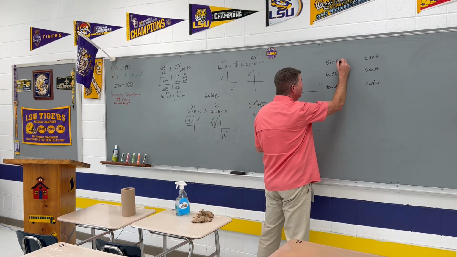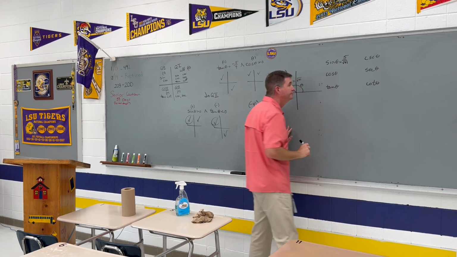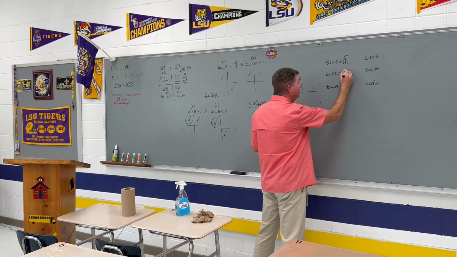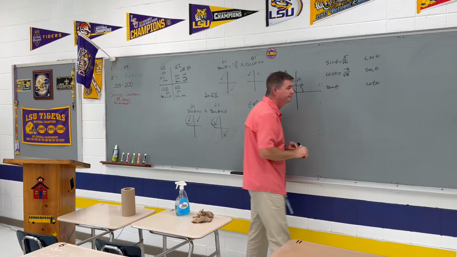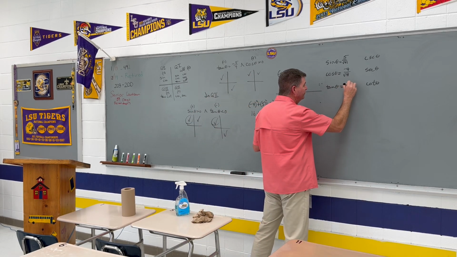But again, we have 5 over the square root of 41. The cosine being x over r would be negative 4 over the square root of 41. And the tangent given to us already was negative 5 over 4.